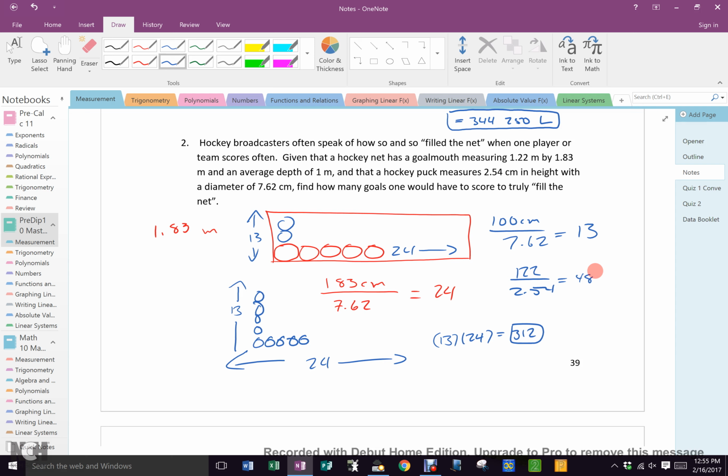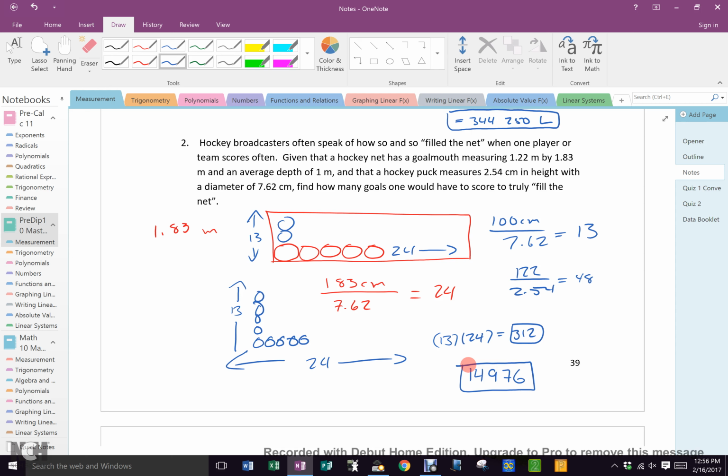So if the floor has 312, and I can stack 48 tall, what do I do with these two numbers? Multiply them. And what do I get? And that's how many pucks would fit in a net if you stacked them. Now that is a stupid math class question, because you would never do that in real life.